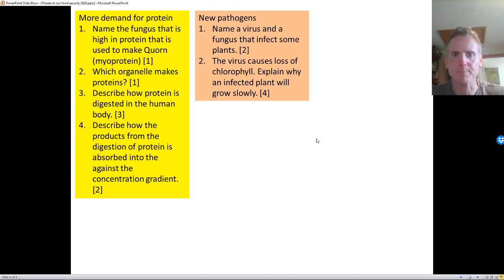New pathogens bit. Name a virus and a fungus that infects some plants. So virus, V, that's TMV, tobacco mosaic virus, you know it as TMV, and a fungus was rose black spot. Both are the 2 that are on the syllabus. If you got them, if you dredged them back, then really well done. But Year 11, December time, that's when we normally have mocks.